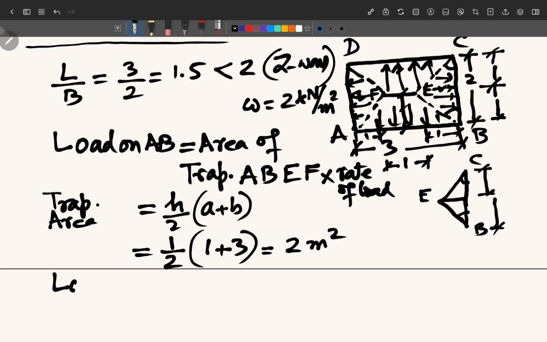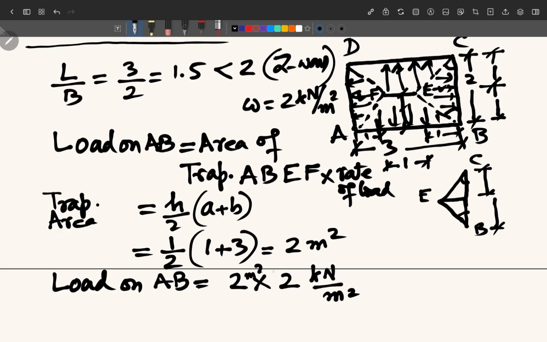Therefore the load on beam AB is equal to the area, which is 2, multiplied by the rate of the loading. Rate of loading is 2 kilonewton per meter square, and area is meter square. So what we get is 2 into 2, 4 kilonewton.